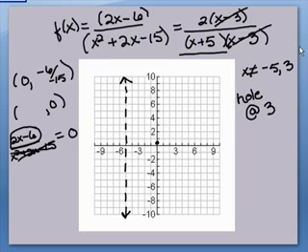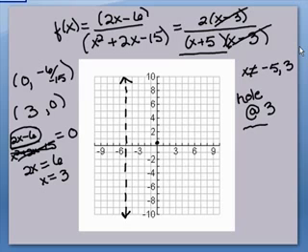If I plug this in, I get 2x is equal to 6, and then x is equal to 3. But what did we say earlier? We said that there would be a hole at 3. So looks like that's where our hole occurs there. Now that doesn't happen very often. Okay, so now what we're going to do is plug this into your calculator and see what it looks like.